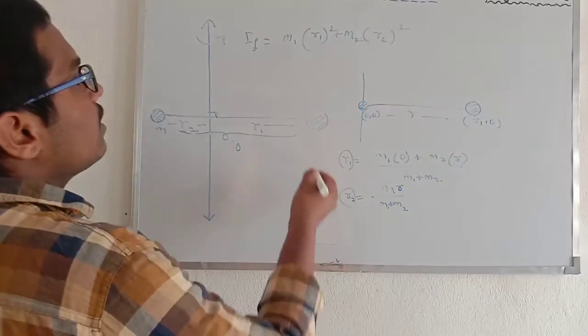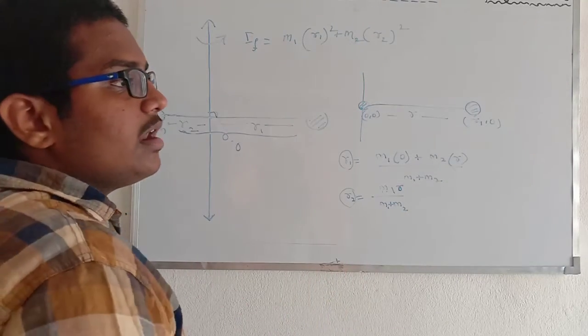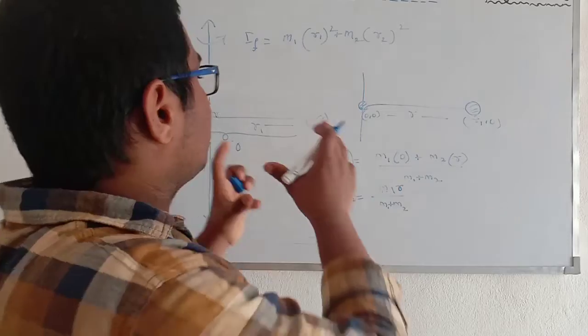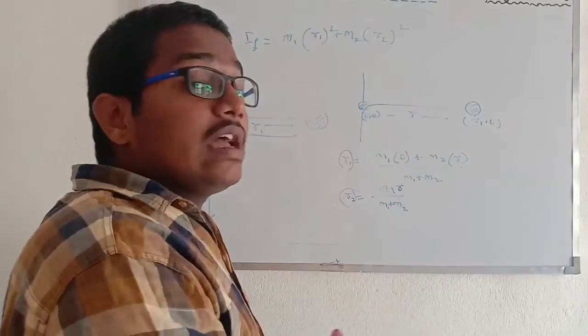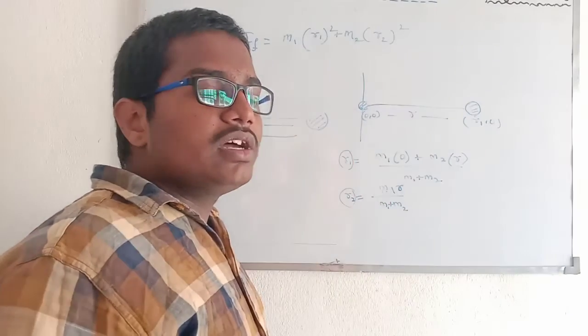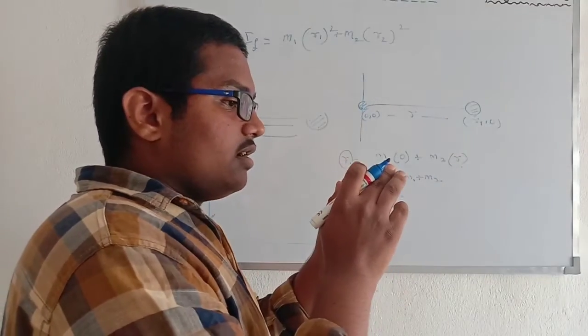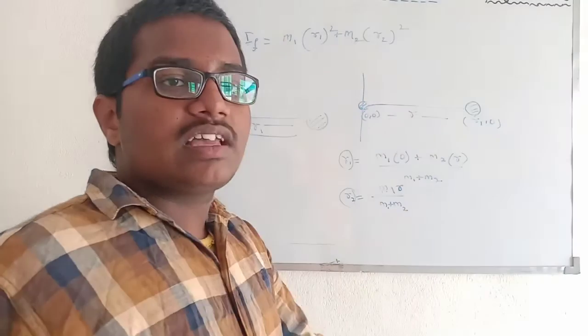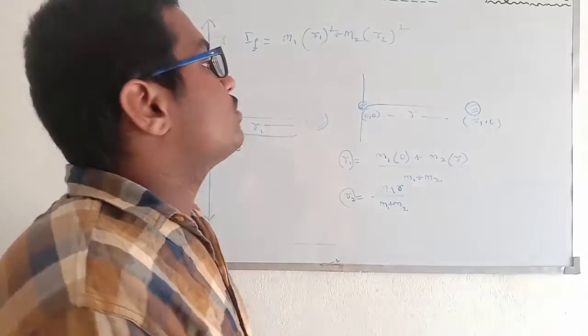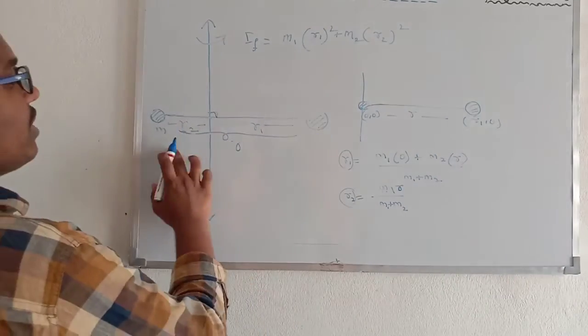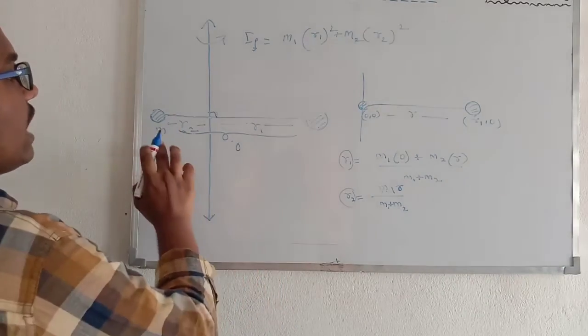So here, as we know the formula of I for two bodies. In one situation I explained that for four bodies, I1 plus I2 plus I3 plus I4 is equal to the final I. Same type of situation here: there are two bodies, then I final is equal to I1 plus I2.